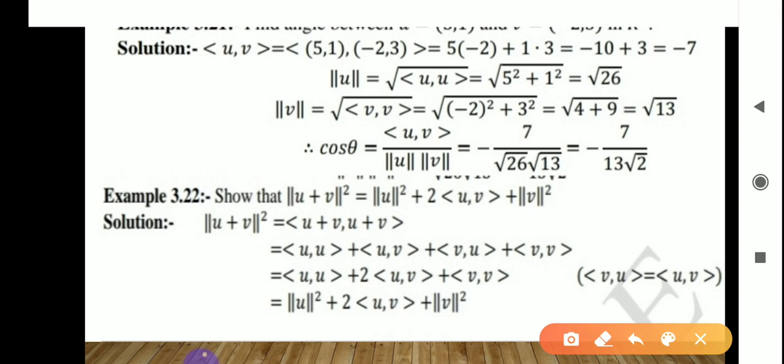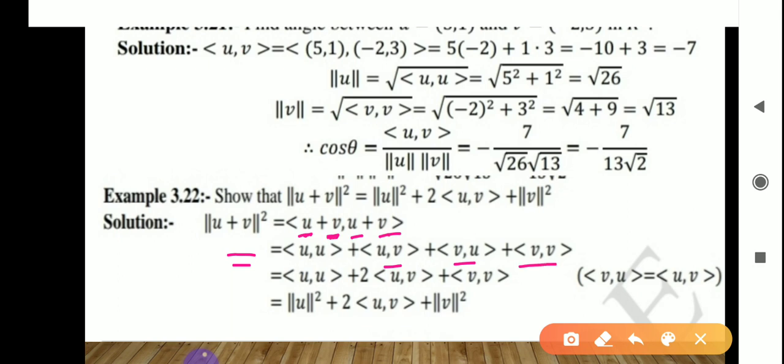Listen carefully here. First this u, just as we multiply two brackets, the same here, so this step gives the inner product of u comma u. Okay, meaning u with this, plus the inner product of u comma v. Now the second term: v can be written as plus the inner product of v comma u, and plus the inner product of v comma v.